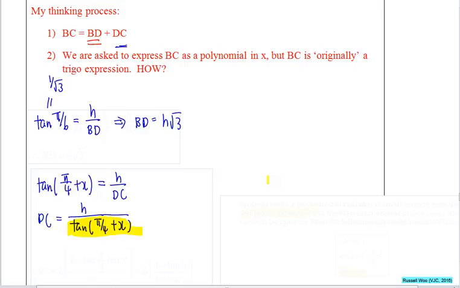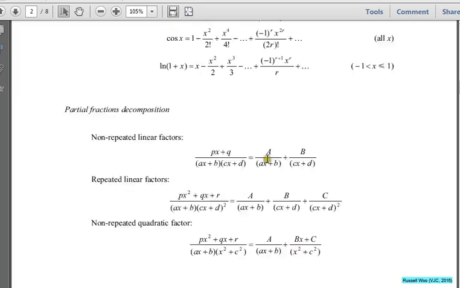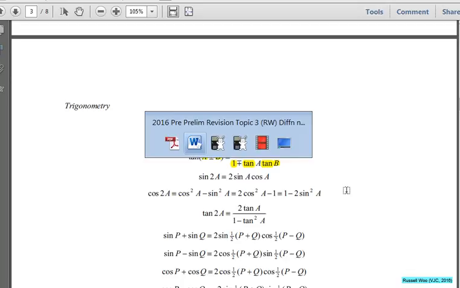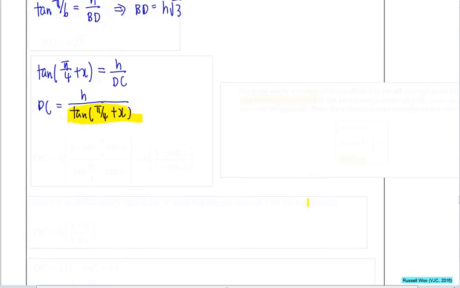But how? Only by memorizing. We have our friend MA15, our friend MA15 is here: tangent of A plus minus B. So I can do this. Therefore for DC, I factorize the h out.